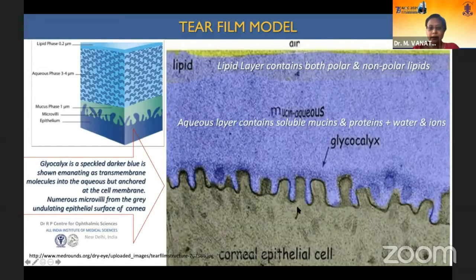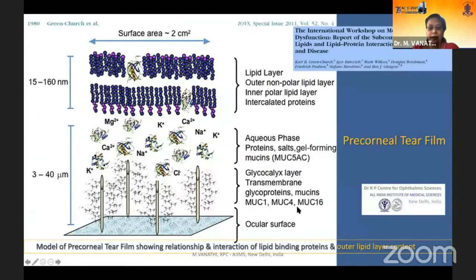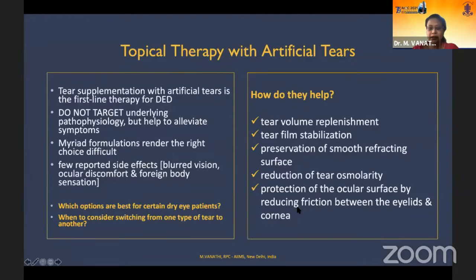It is a complex model of superficial lipids and a mucin aqueous combination lying underneath. The lipid layer is a mixture of polar and non-polar lipids, where the aqueous mucin has a complex integrated structure of soluble proteins and mucins and the glycocalyx layer, which is closely integrated with the epithelial cell microvilli.